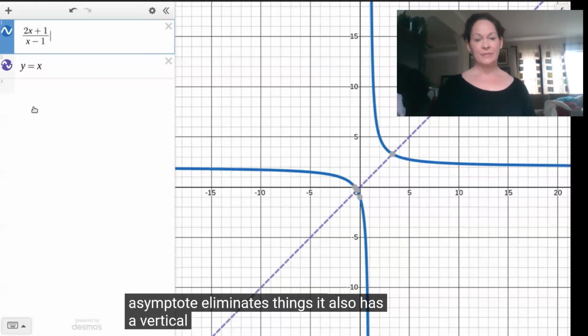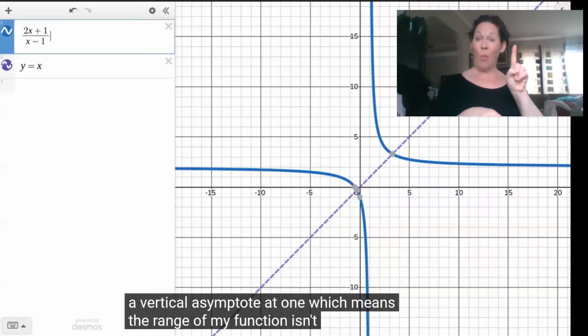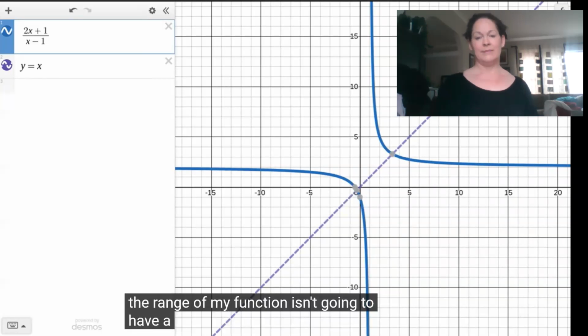It also has a vertical asymptote at 1, which means the range of my function isn't going to have a value at 1.